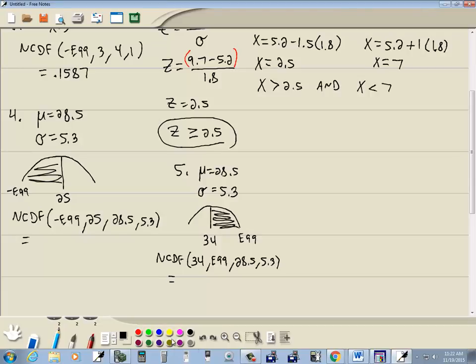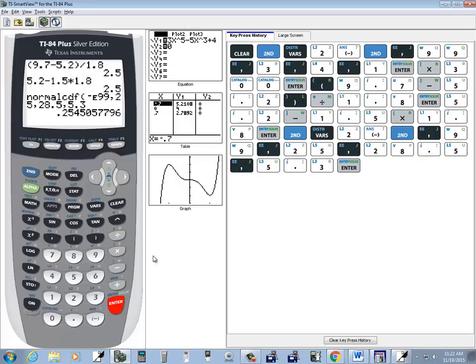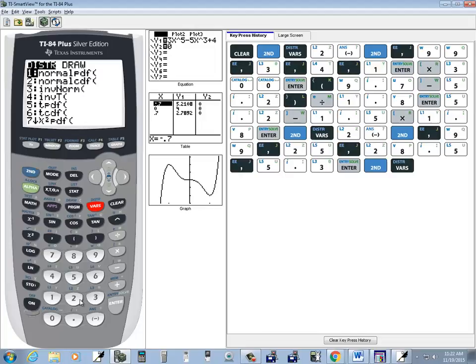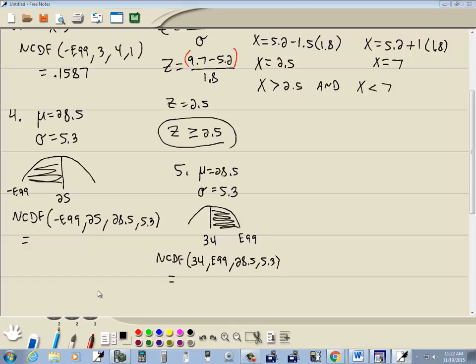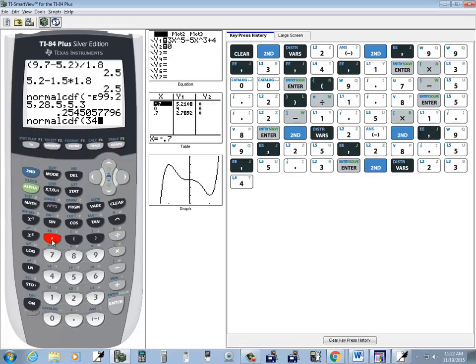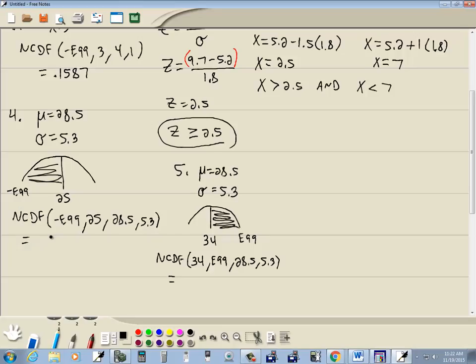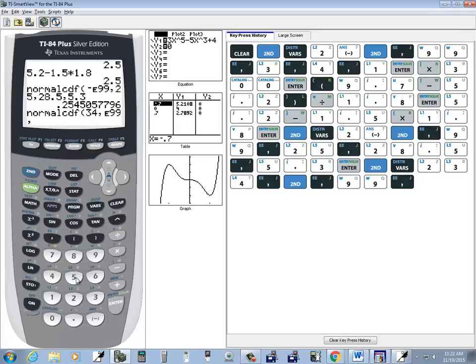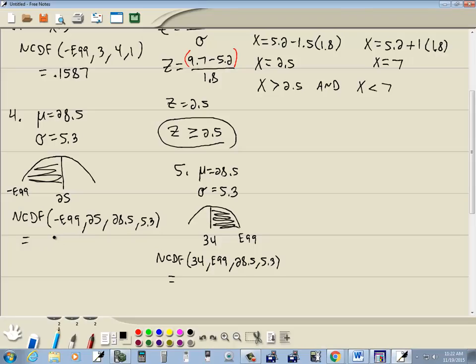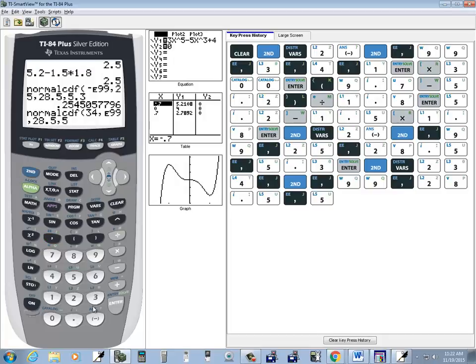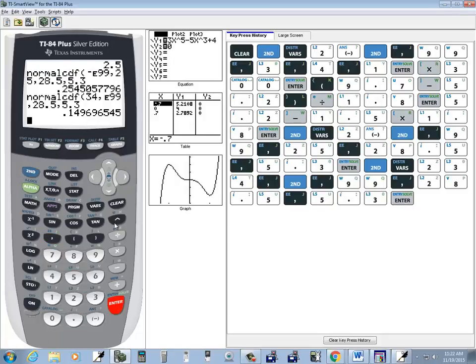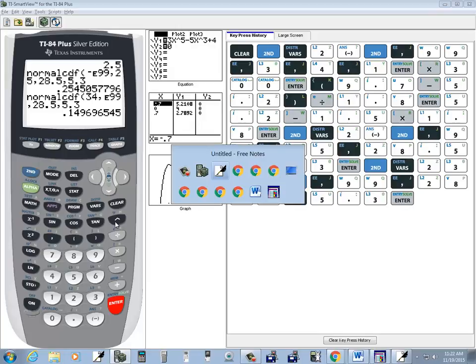So let's see what that gives us. We got our normal CDF, 34, comma, E99, comma, 28.5, comma, 5.3. 0.1497.